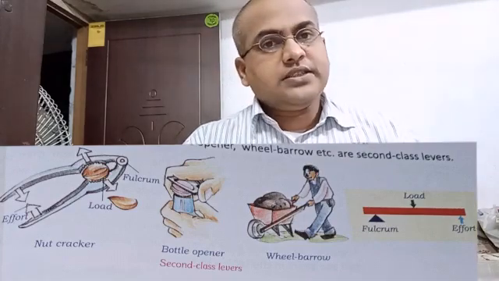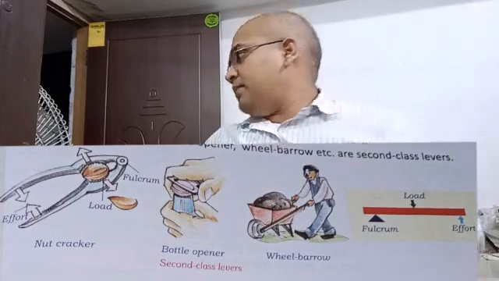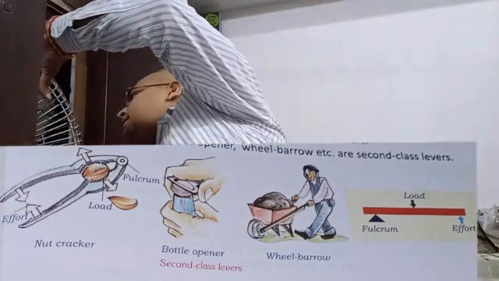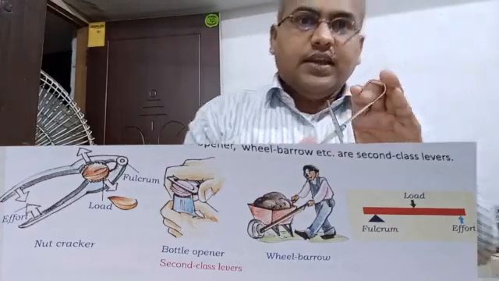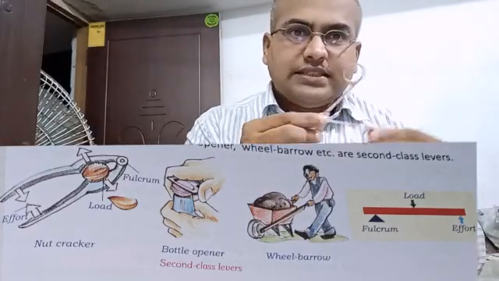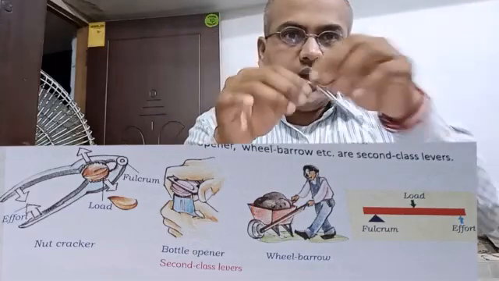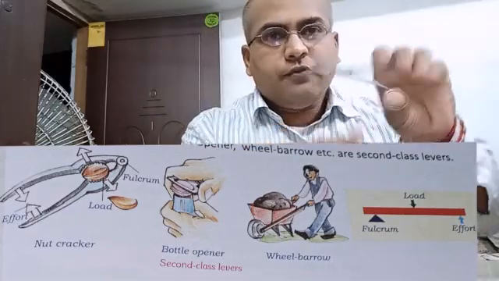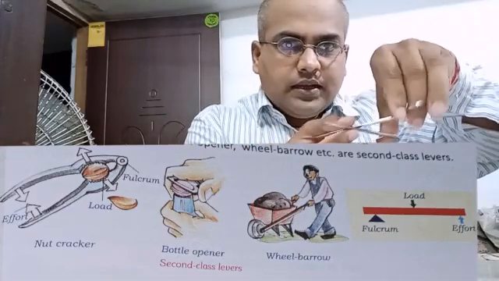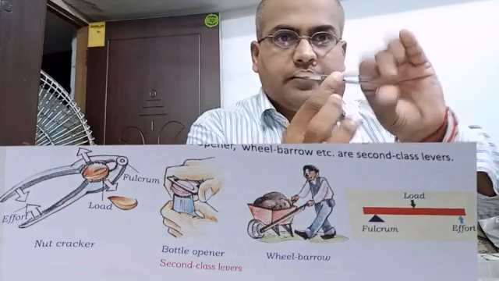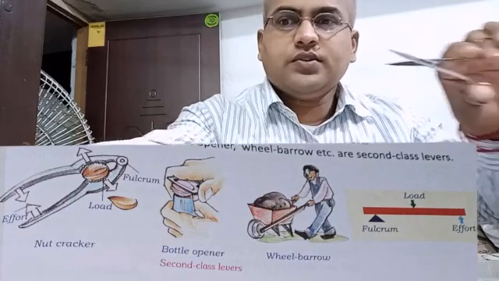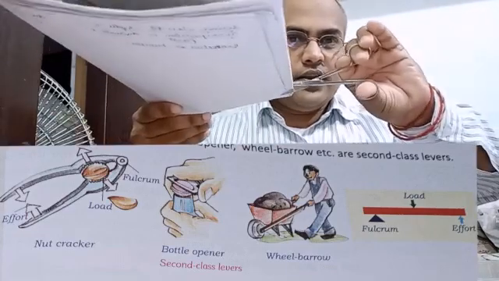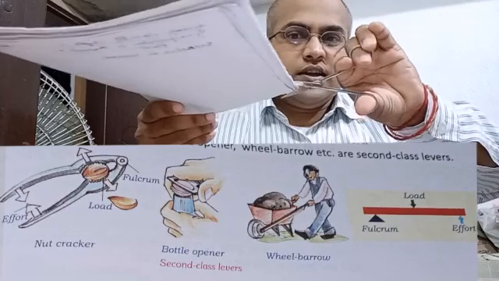Here the best example is scissors. See this. Here I am applying force. This is the fixed point, that is the fulcrum, and here this is the load. It is working. See, I am working here. Cut.